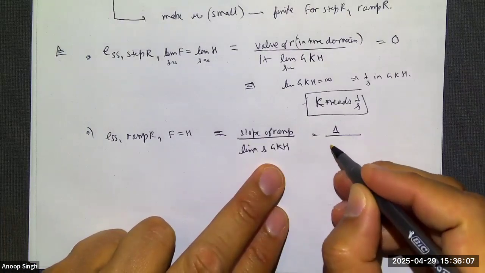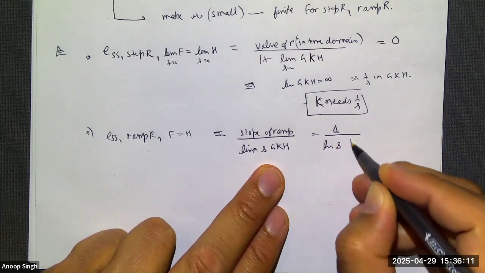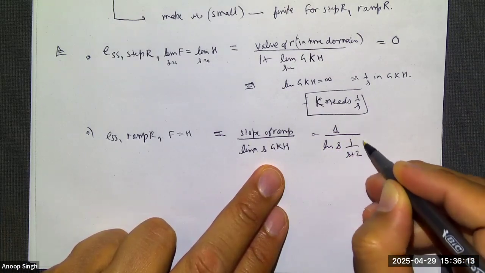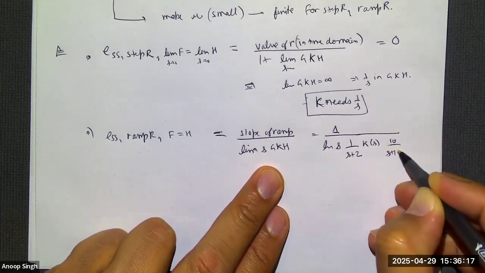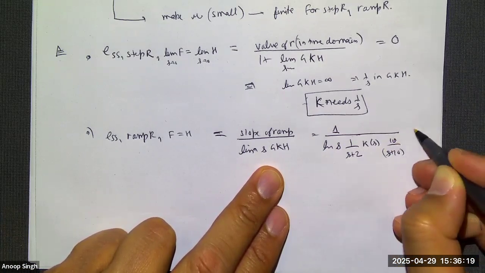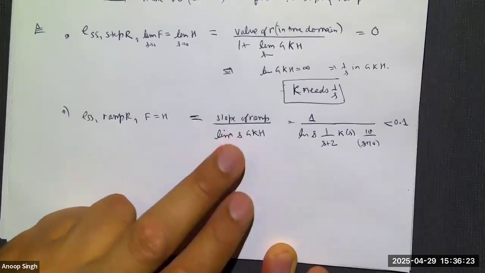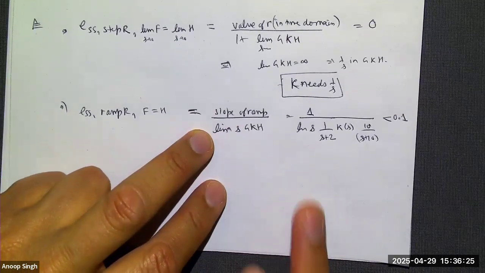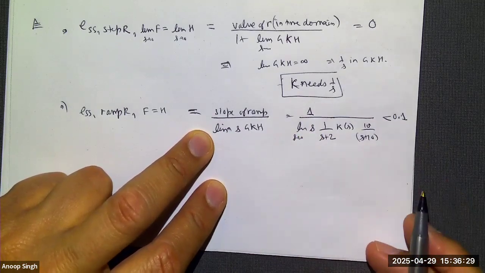Limit of SGKH. So this should be equal to G is 1 over S plus 2. Controller, I don't know. H is 10 over S plus 10. All that stuff should be less than 0.1. That's the logic. Okay, so let's plug in S equal to 0 in all the places where I can safely do so.